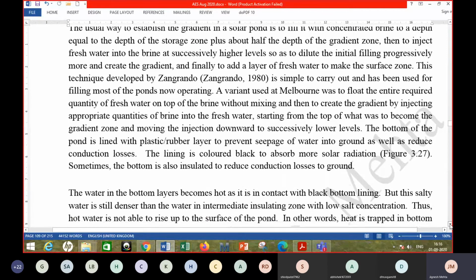Or sometimes the opposite is done, that is, it is filled with fresh water completely, and then you start injecting brine with high salt content from the bottom, and at the top, of course, you want low salinity water, right?